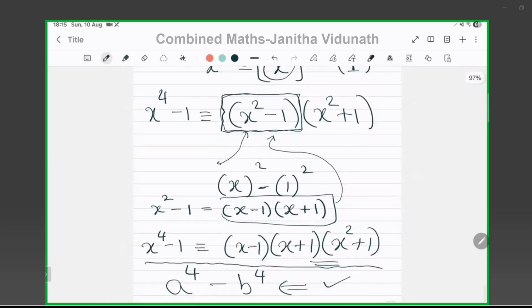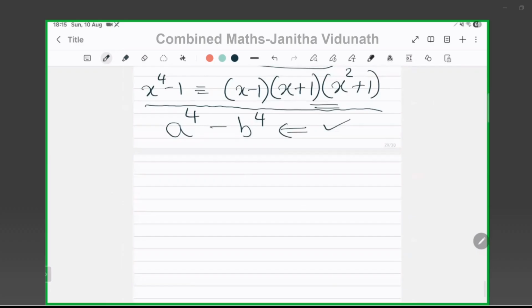Okay. I will do this question. Here we got a to the power 4 minus b to the power 4. For difference of two squares, we need two square numbers. We can simply write this as a to the power 2 whole square minus b to the power 2 whole square.